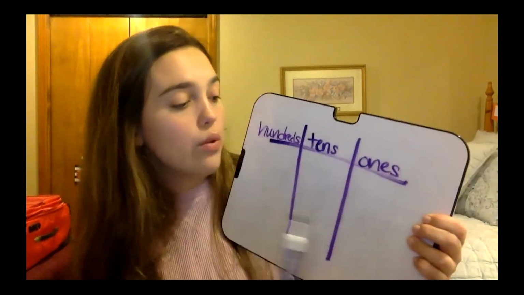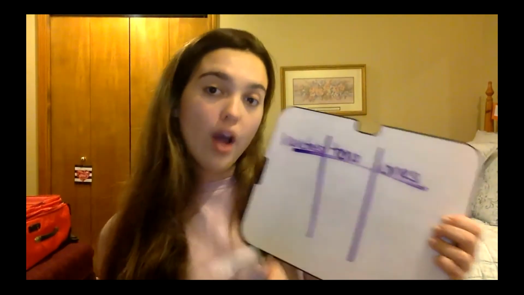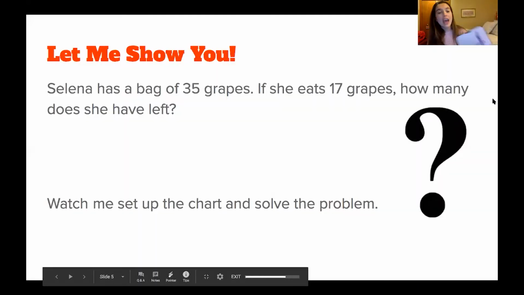But today, we will mostly be using the tens and the ones. All right, I'm going to share my screen with you again so you guys can see the problem that we have. So here we have Selena has a bag of 35 grapes. 35.